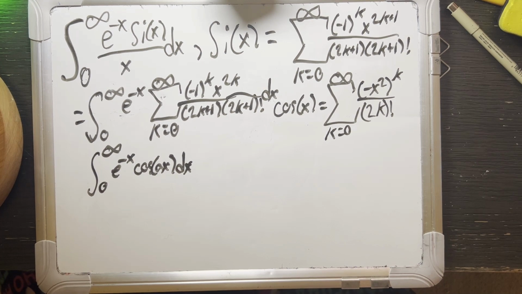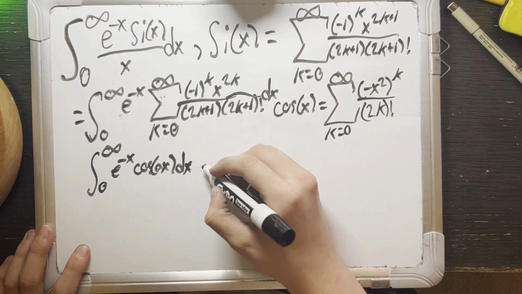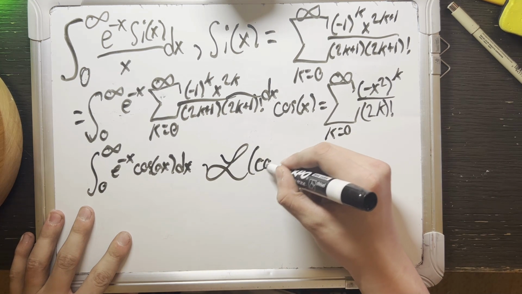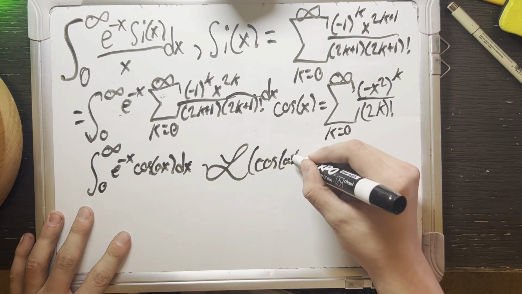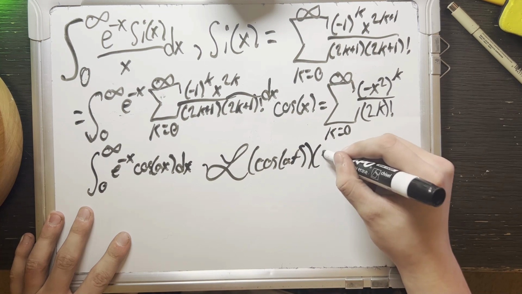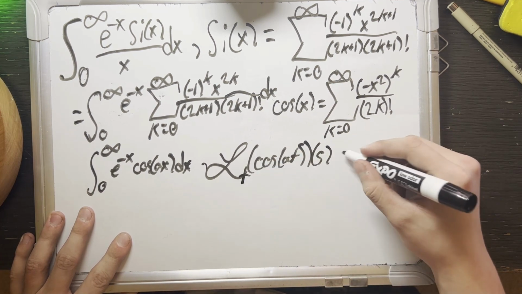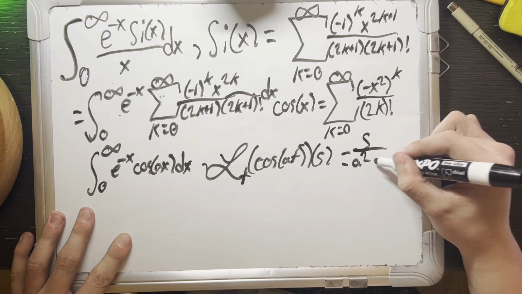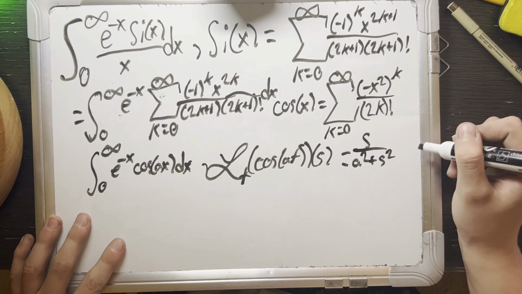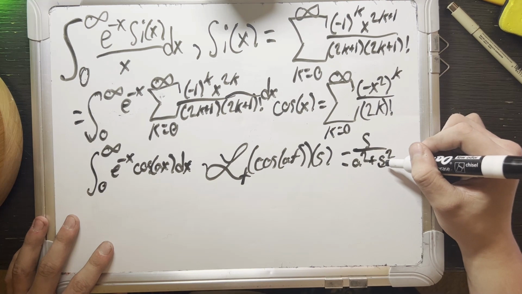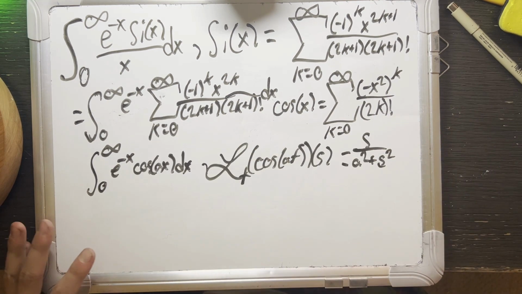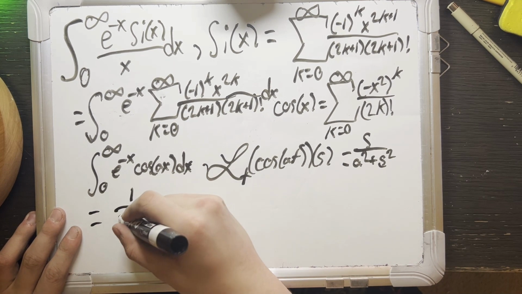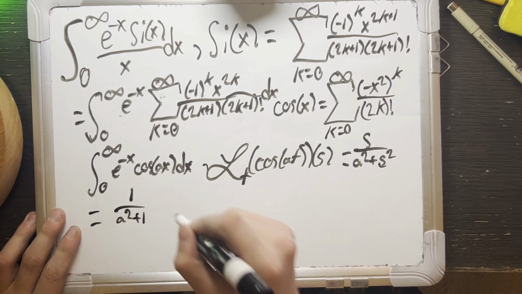However, if you remember, the Laplace transform for the cosine of at, s, is equal to s over a squared plus s squared, right? Now we're going to let s equal to 1. So we get back to here. So then we get this integral is equal to 1 over a squared plus 1. Good.